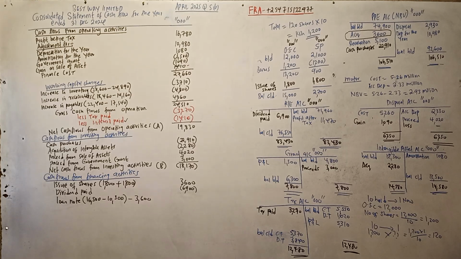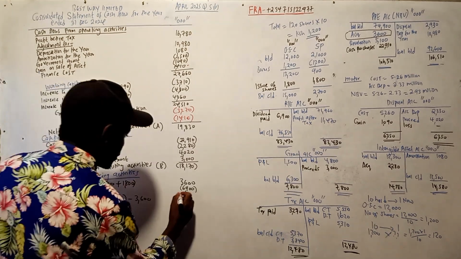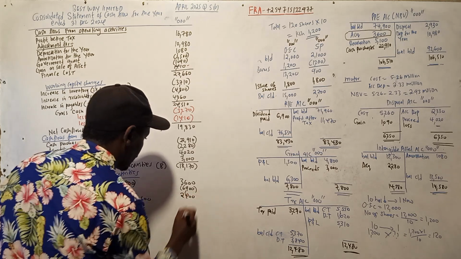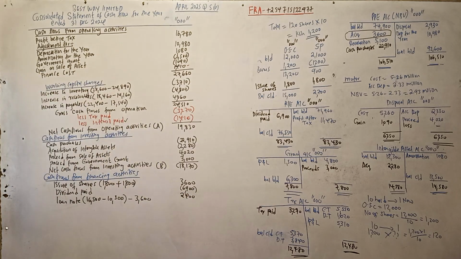That will be equal to 16,500 minus 10,500 minus 3,600. That is 2,400. So that was an issue because it was an increase.